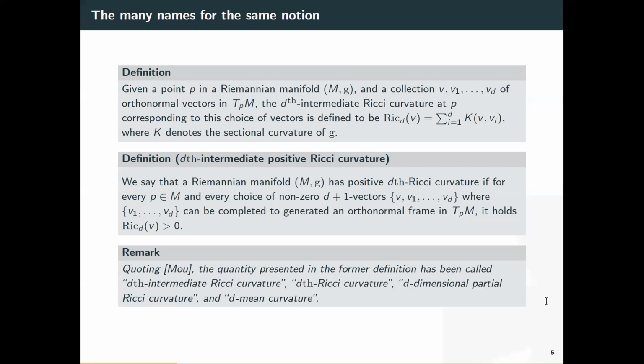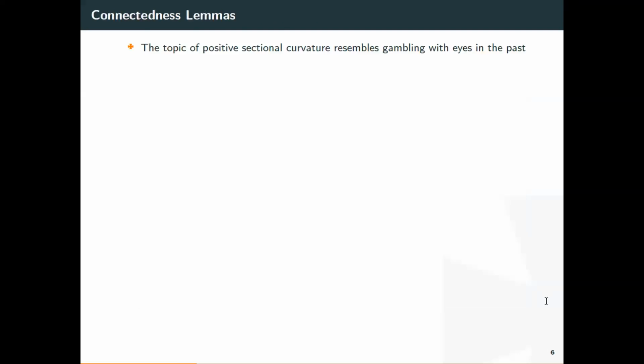This concept has been called intermediate Ricci curvature, dimensional partial Ricci curvature, mean curvature. We chose to call it intermediate positive Ricci curvature. What do I mean? We have to pick every point and every collection of these d+1 vectors, compute the expression, and it has to be positive.